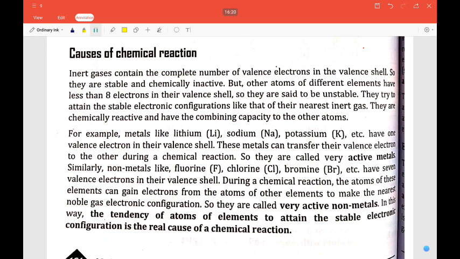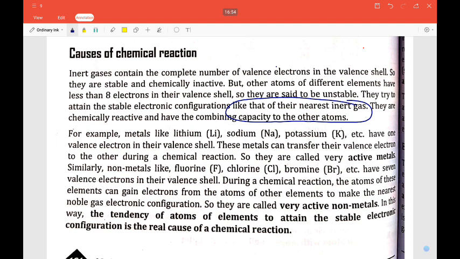My dear students, why do they gain, lose, or share electrons? Do you know? They do so to possess an electronic configuration similar to inert gases. Why similar to inert gases? So that they become passive and stable.